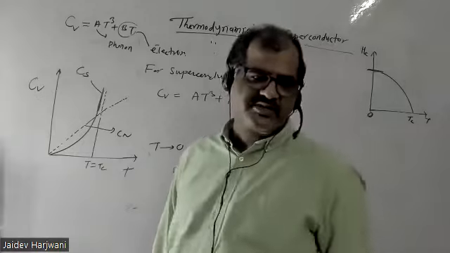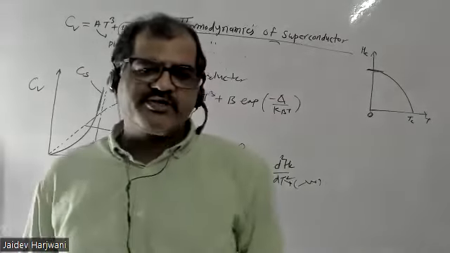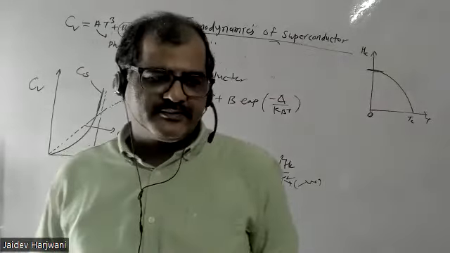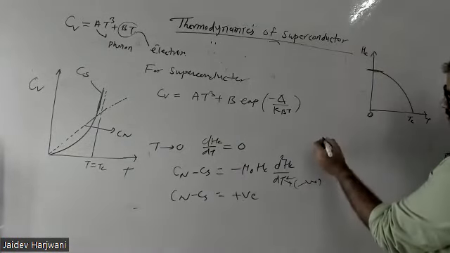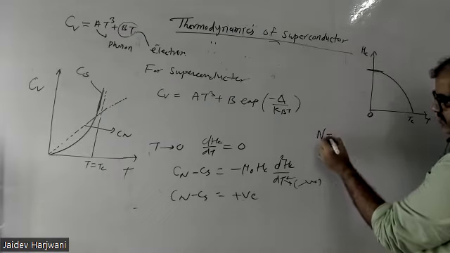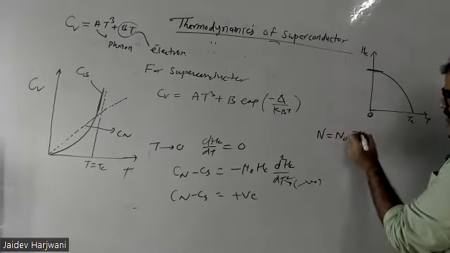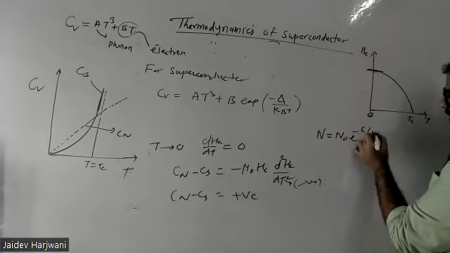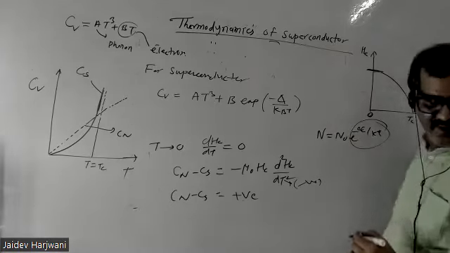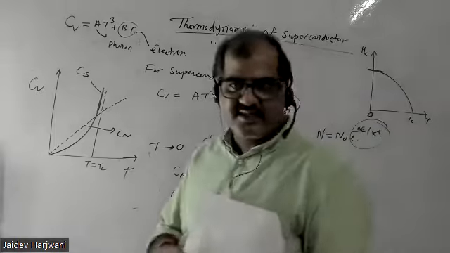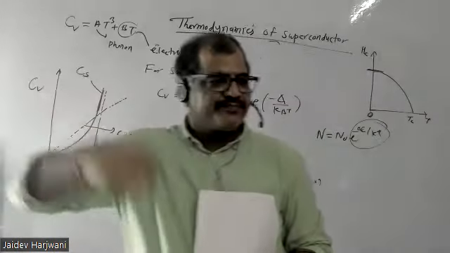Like your Maxwell-Boltzmann statistics, there is an exponential term, isn't it? If you write your Maxwell-Boltzmann equation, how do you write it? N0 exponential of minus delta E by kT. So whenever there is an exponential term, it suggests there is a gap.